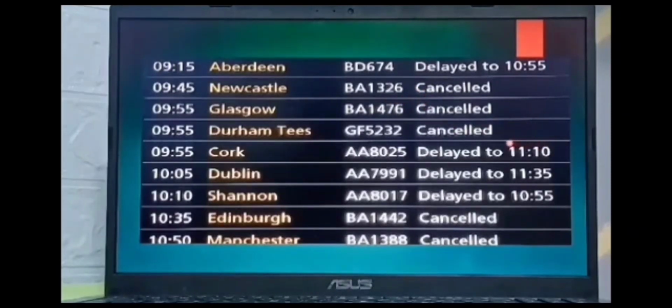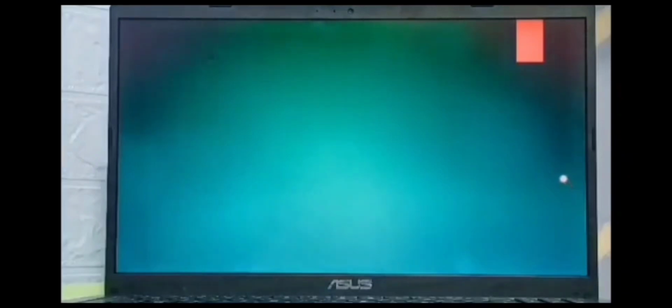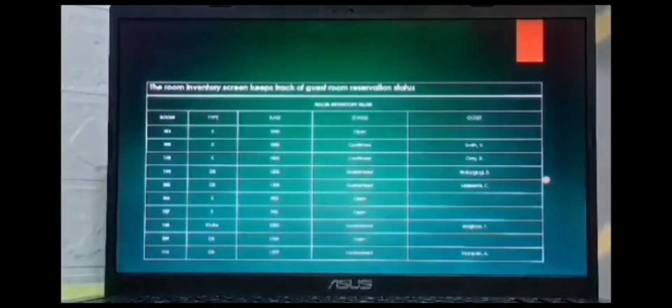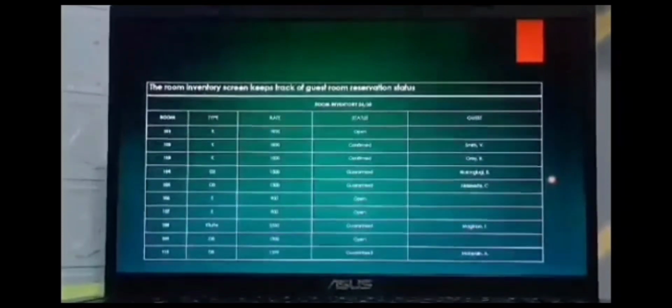And the second type of form that you need to know is the room inventory screen, which keeps track of guest room reservation status. This is the room inventory. Yan is one of the form that you must need to know, right?